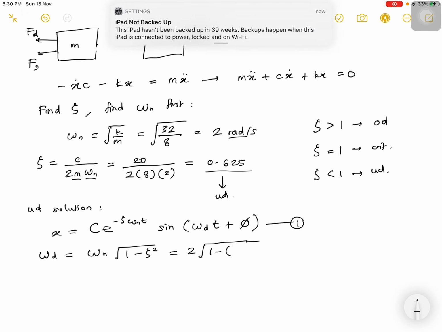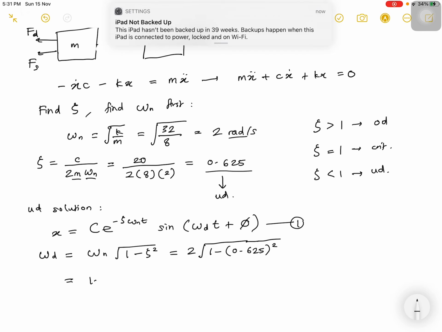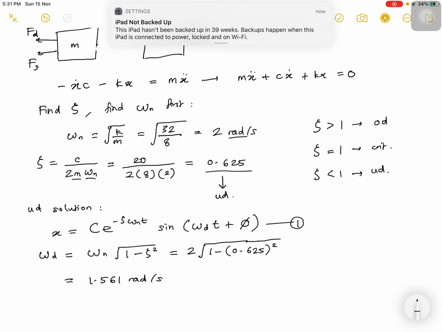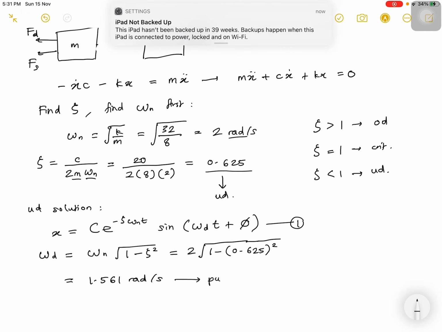Again, you don't have to put the unit, but if you want to, you can. So we get the damped natural frequency equal to 1.561 radian per second. The unit is still the same, but since we have a damper, we have the damped natural frequency.